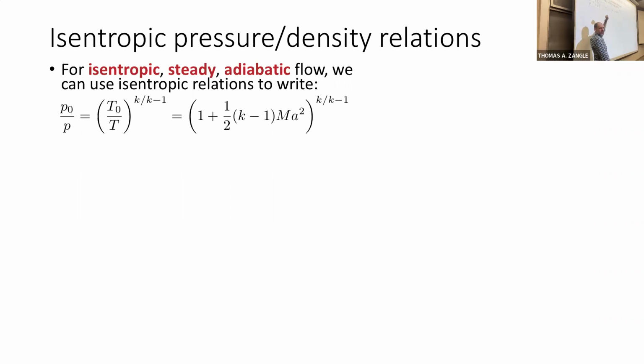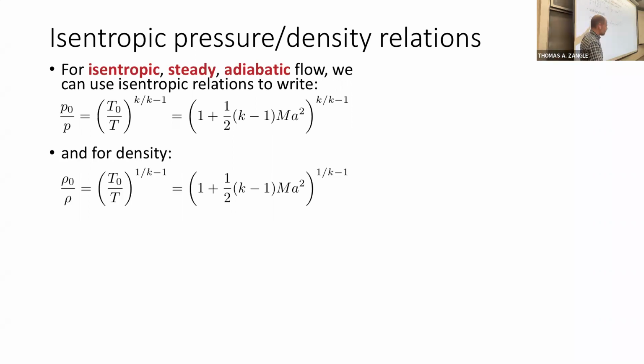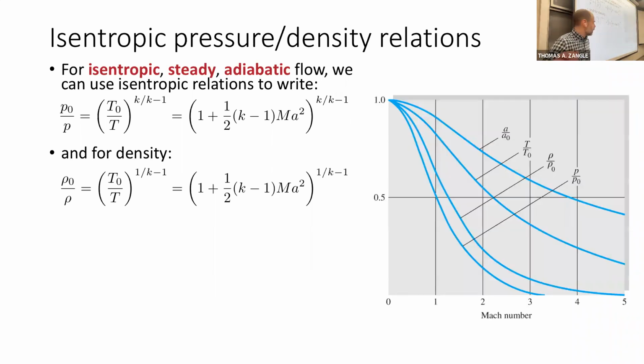We developed this from our isentropic perfect gas relation, and we can combine that with our adiabatic expression. We can do the same thing for density and develop this expression here, which is plotted on this plot to the right. This is rho over rho naught, and this is P over P naught.